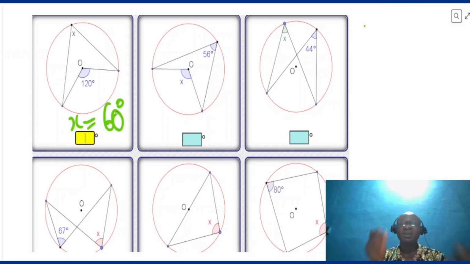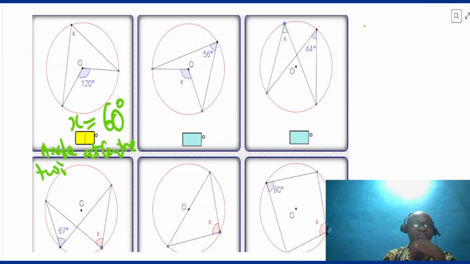And again, GCSE will always tell you, give reasons. So in this type of question, if you tell them X is 60, they will tell you to give a reason. You're right: angle at the center is twice the angle at the circumference.